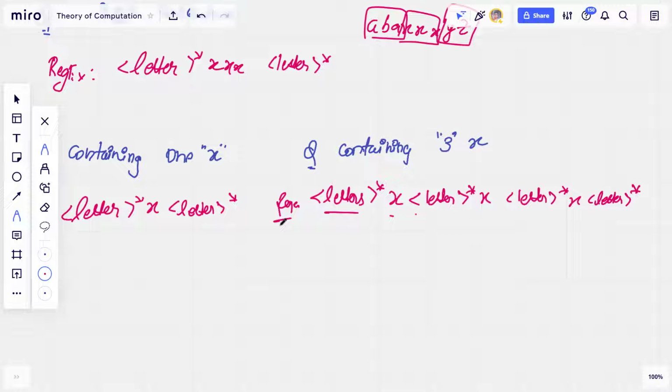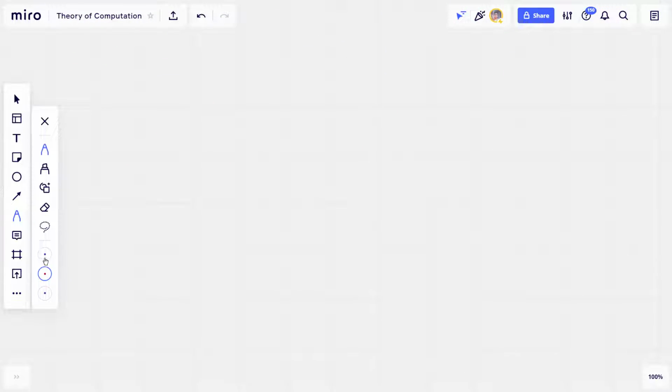Okay, cool. Now let's see some more questions. We are going to solve lots of questions, so it will be clear for sure. You just need to remember one thing: plus is for union, concatenation is for concatenation, and star is a star; in place of star you can put any number, it can be 0, 1, and so on.